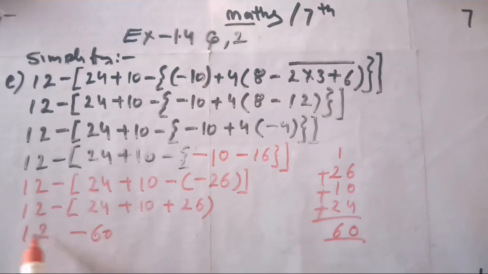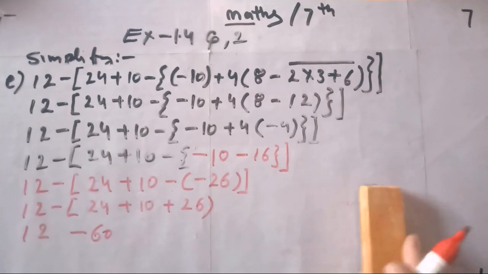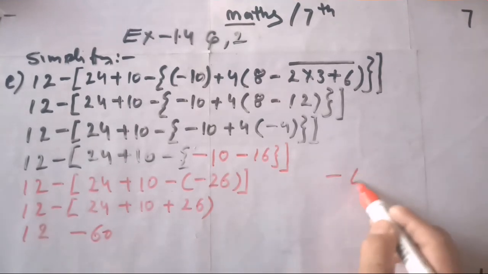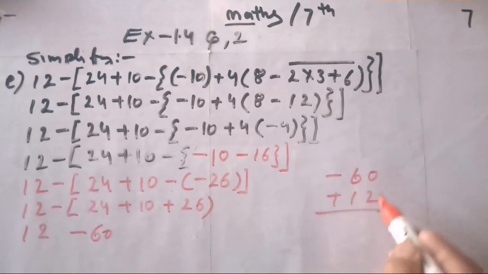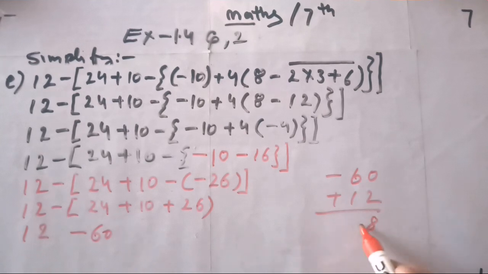So we have 12 minus 60, and 12 minus 60 is equal to minus 60 plus 12: 10 minus 2 is 8, and 5 minus 1 is 4. So with the minus, 48. This is equal to minus 48 and this is your answer beta, right?